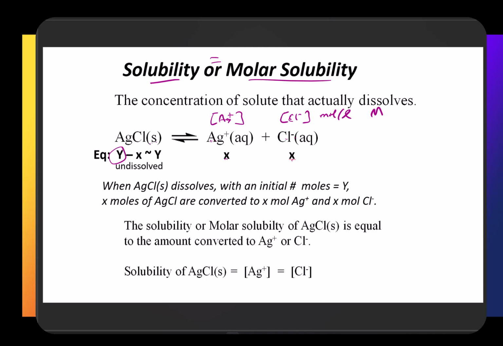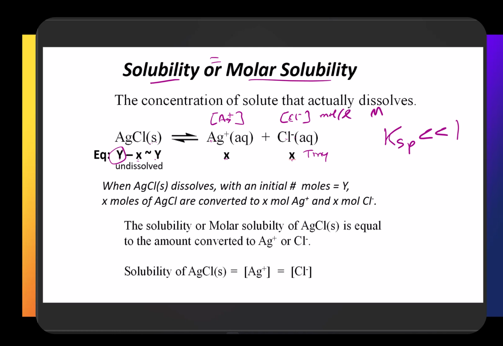The amount of silver chloride that we would have left would be Y minus X, the amount dissolved, but X is very tiny. These equilibria lie to the left because these Ksp's are always much lower than 1. So X is tiny compared to the initial amount Y. When we subtract, we almost get the same value Y back again. Y minus X is Y.